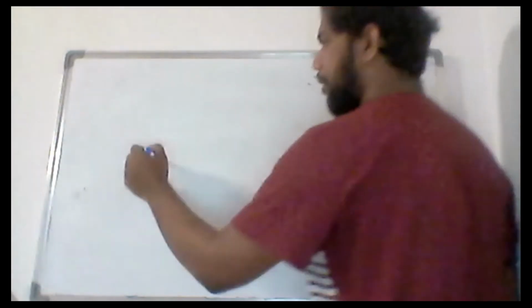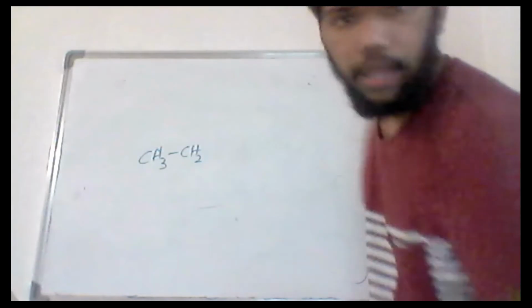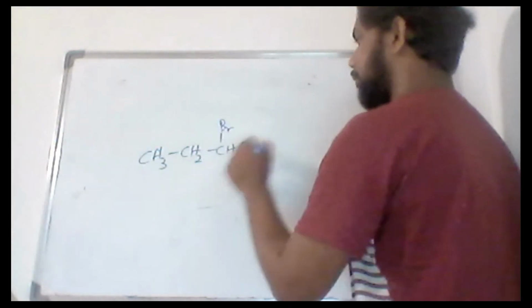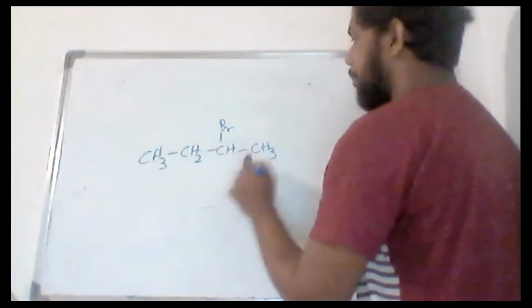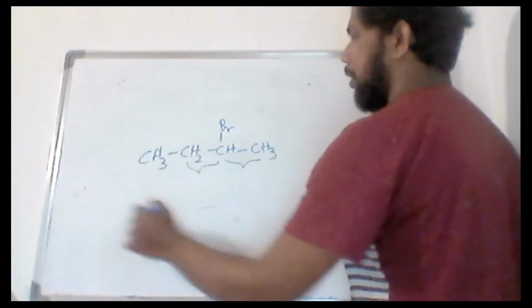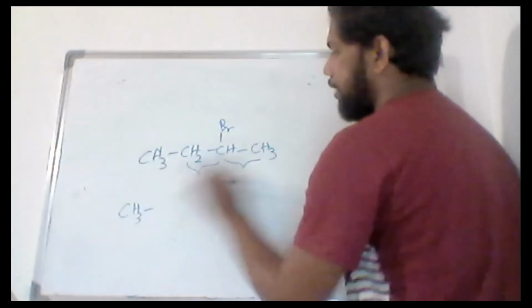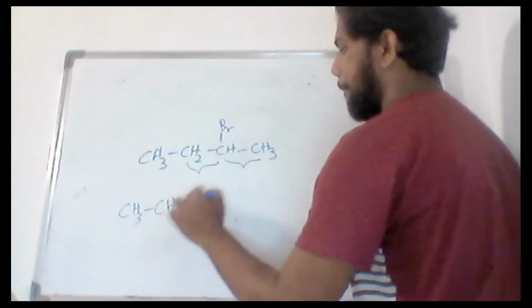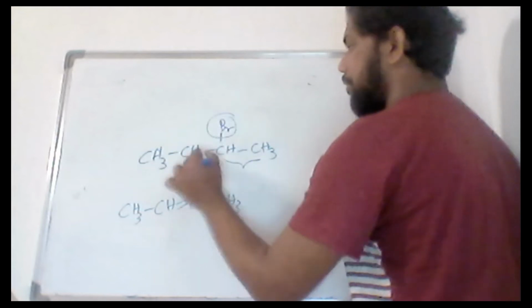If you check the compound they have given, CH3, CH2, CHBr, and CH3, the Br can be eliminated with a hydrogen from either side, but the Zaitsev rule says to check the number of hydrogens on the adjacent carbons. This has 2, this has 3, so it should be this one, the major product.